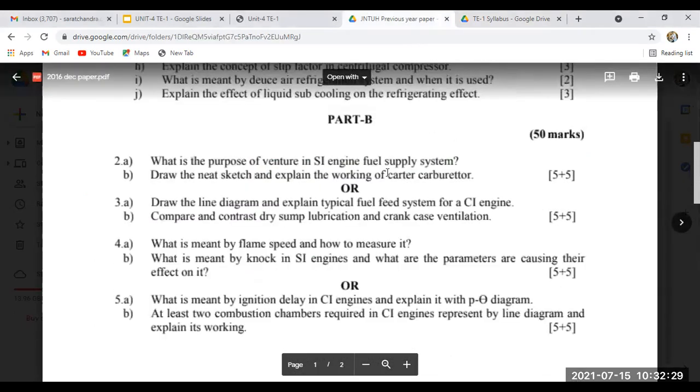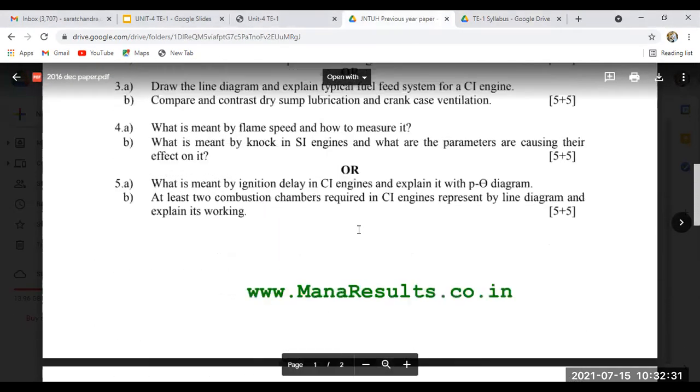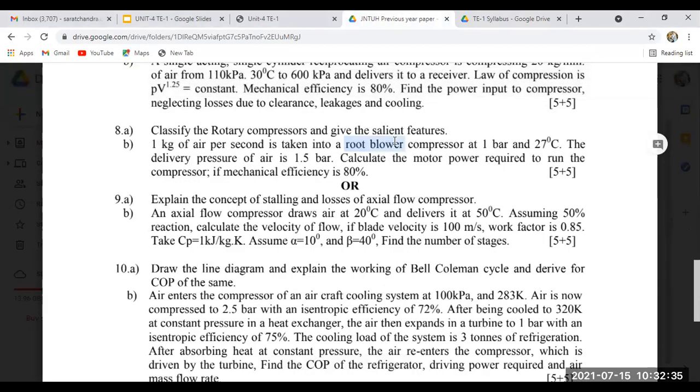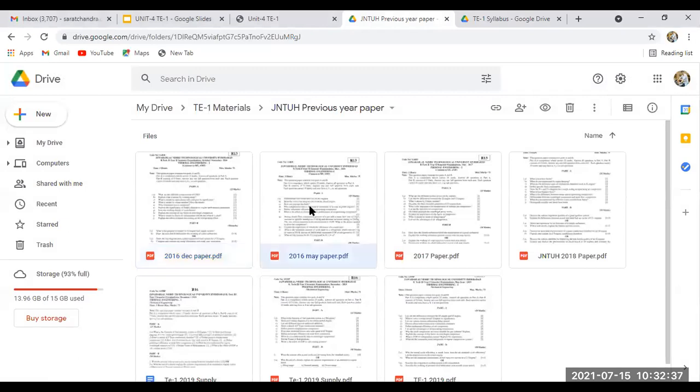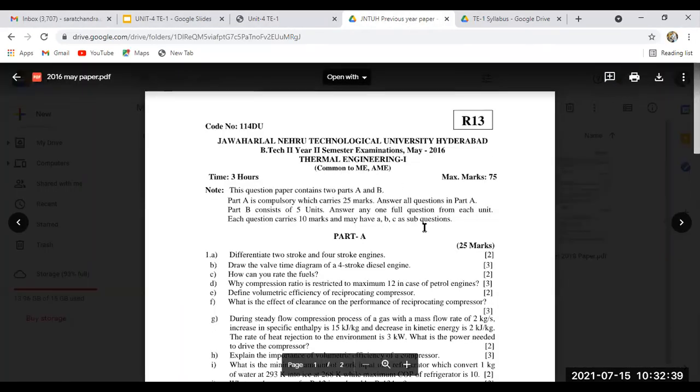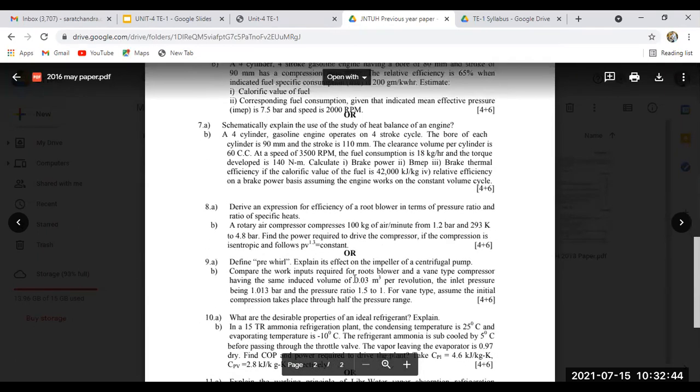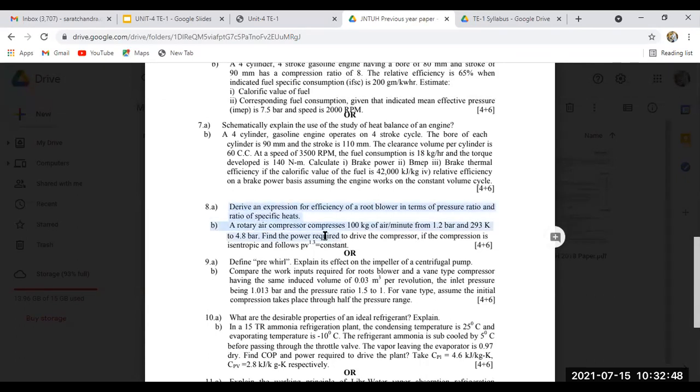In the year 2016 final exam, you can see they have asked regarding this root blower or rotary compressor.